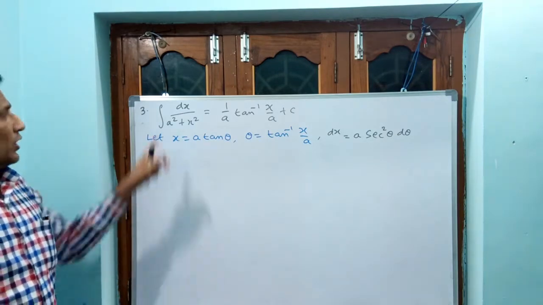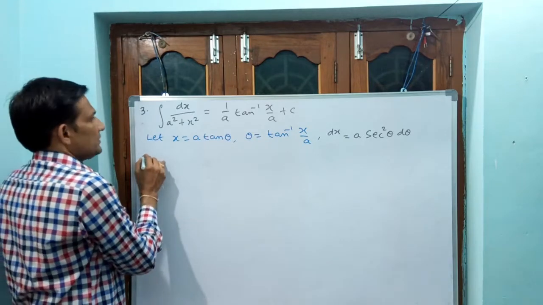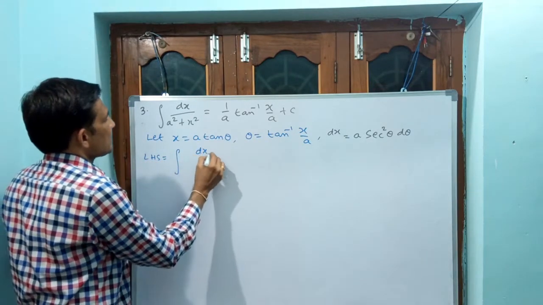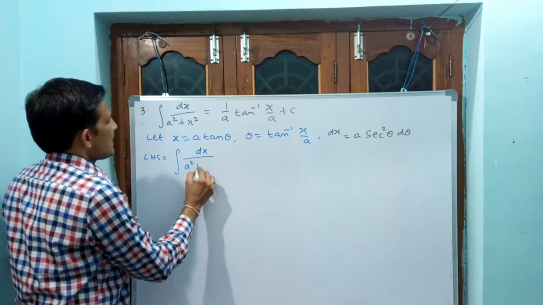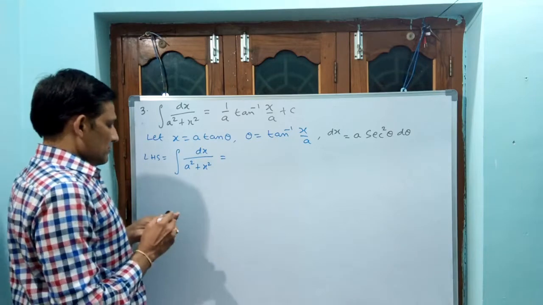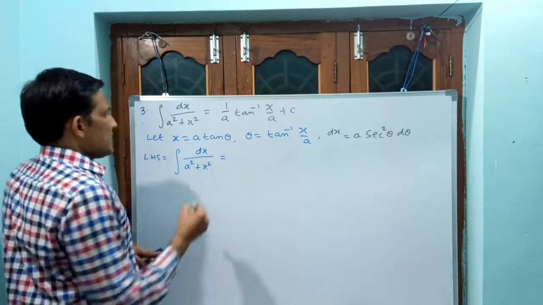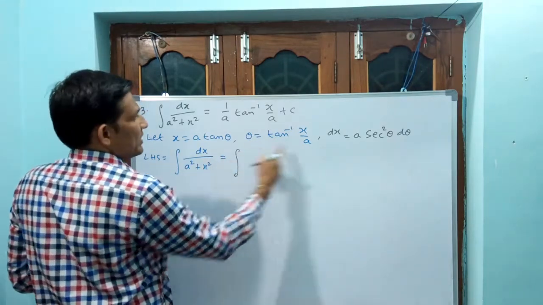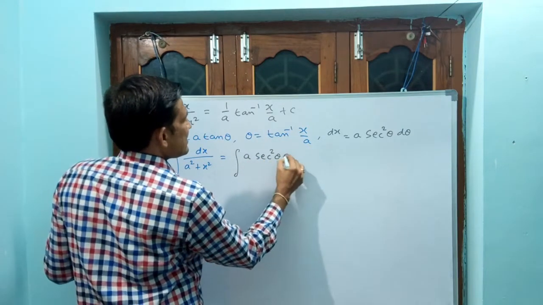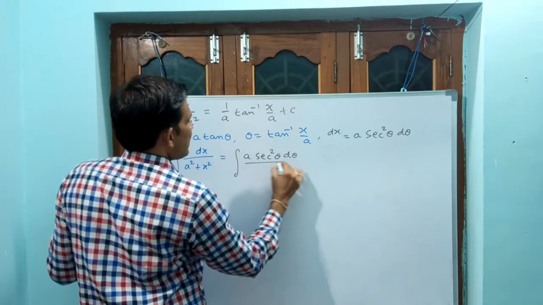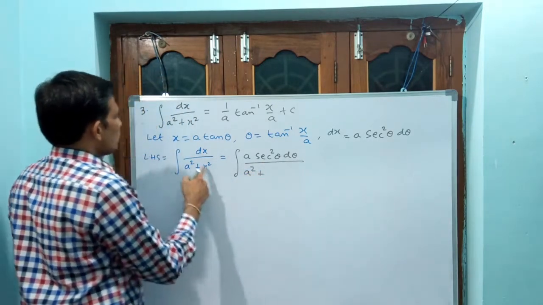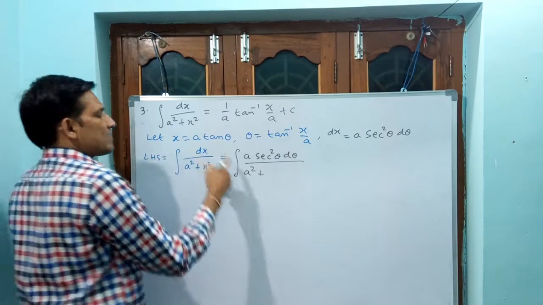Now you come back. You take the LHS once again. LHS is equal to integral dx by a square plus x square. In place of dx I am writing a secant square theta d theta, divided by a square only, plus x square, which means again a square tan square theta.